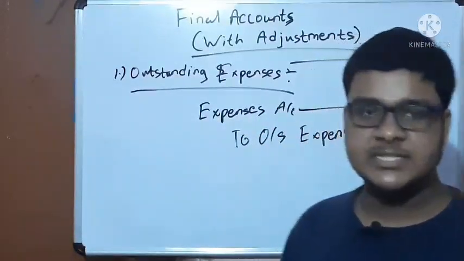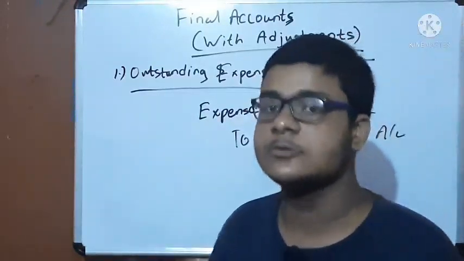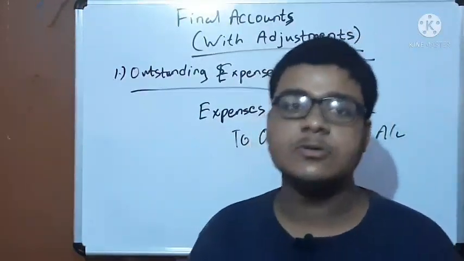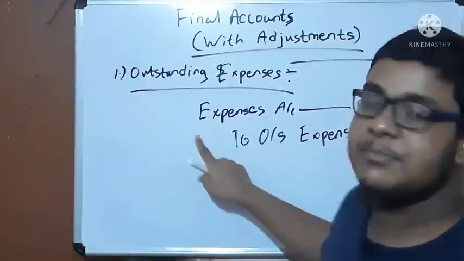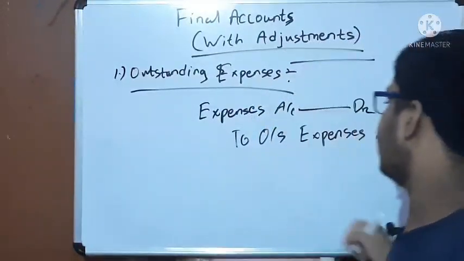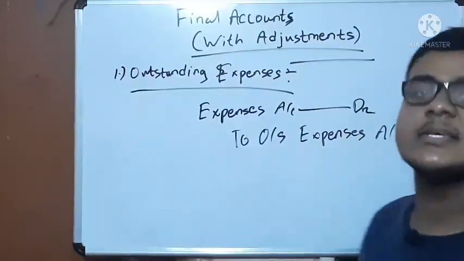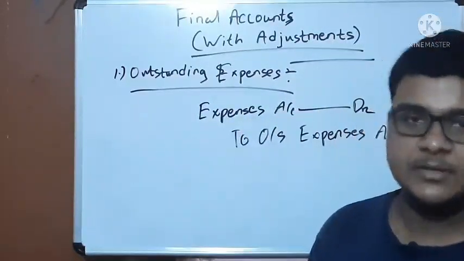So expenses means what? Expenses refers to a nominal account. The nominal account golden rule is debit all expenses and losses. So the expenses account is debited. It is a nominal ledger account. Then outstanding expenses, why is it credited? Outstanding expenses represents a representative personal account.